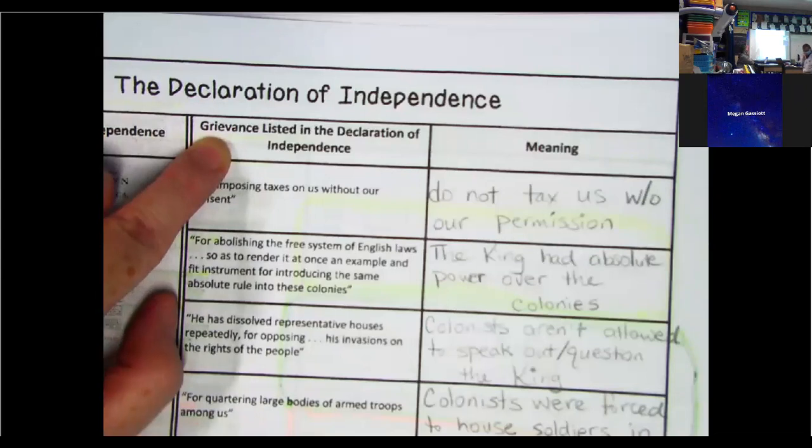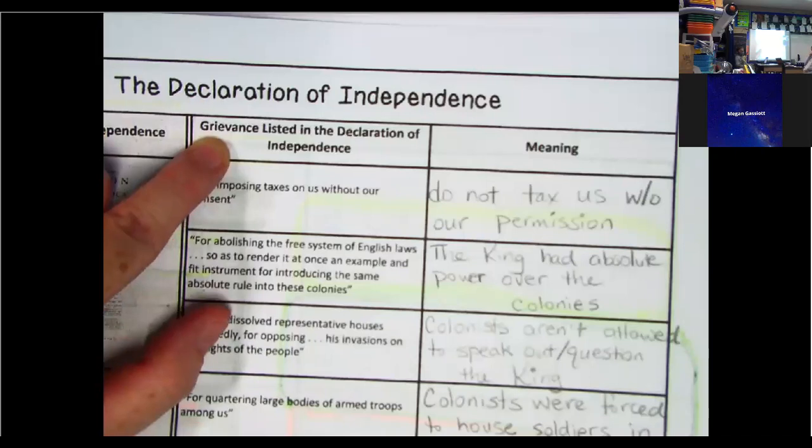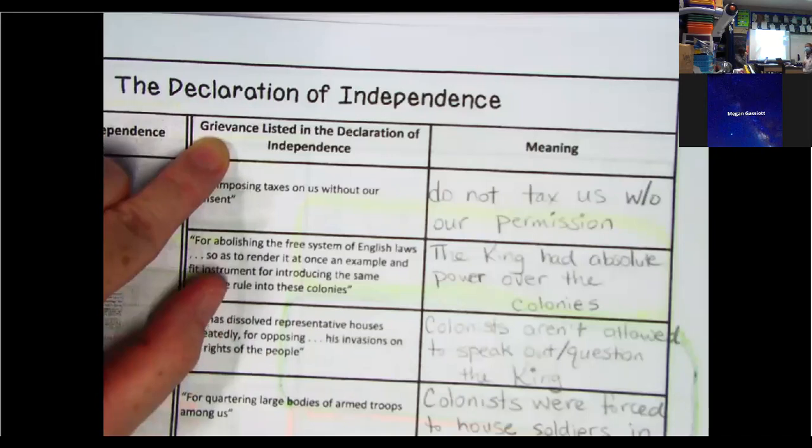Had it not been for King George being so restrictive and so egregiously, obnoxiously, what would be the term for it? Rude, for being so rude to the American colonists, the American colonists might not have banded together against him, and we might not be a country.